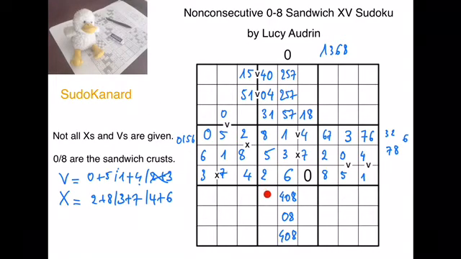We still need 1, 3, 6, and 7. This is not 1 or 3, so this is 6 or 7. And 6 and 7 are not next to each other, so this is 1 or 3. 1, 3, 2, and 5. 2 and 5 don't give a strong constraint.